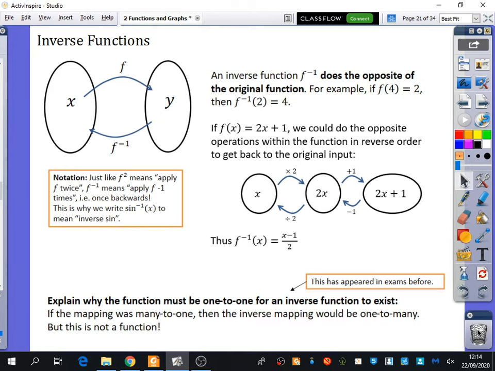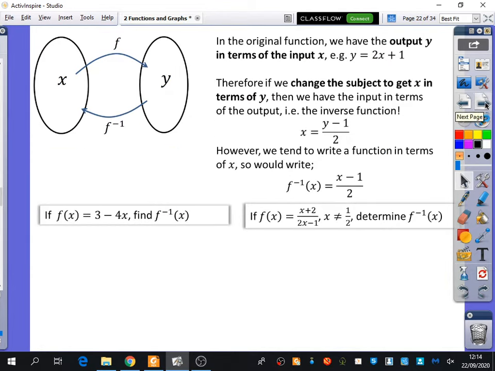Okay? So this is going to be the proper way that we will find inverses of functions. In the original function, we have the output in terms of the input. We have a y equals function.